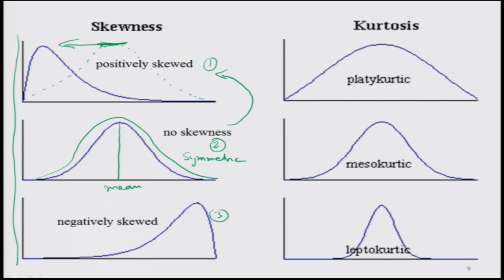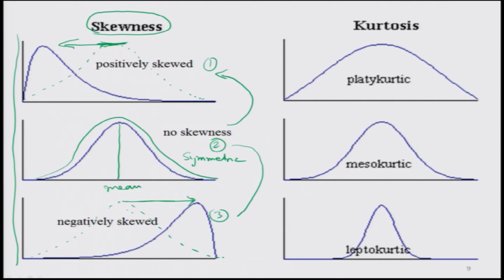Similarly, if you compare figures 2 and 3, a symmetric curve would have been like this one, but here the mean value is shifted, and the hump is shifted from the center to the right hand side. This is the feature characterized by skewness.